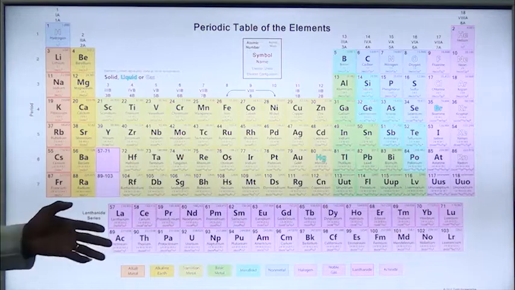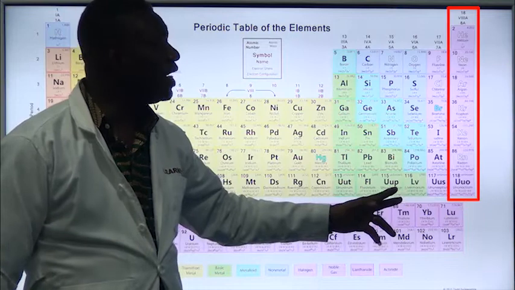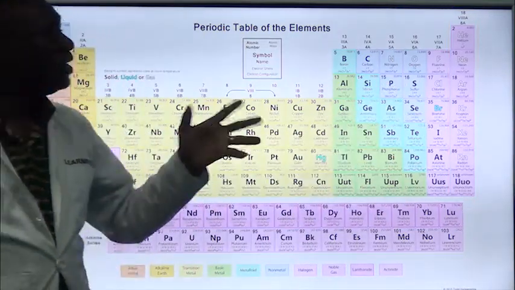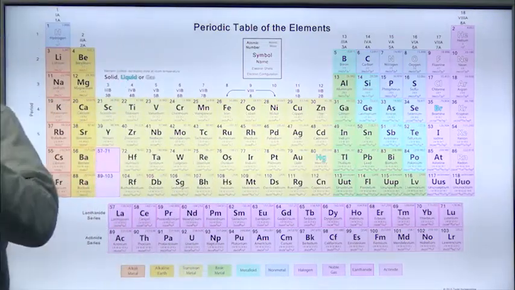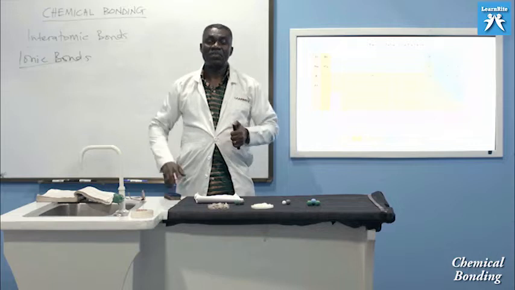And those elements on the far right, with the exception of the group 0 elements or the noble gases, normally the group 7 and the group 6, also have high electron affinity. They want to gain electrons and fill their octet or duplet state. Normally it is the octet state. So they become stable.